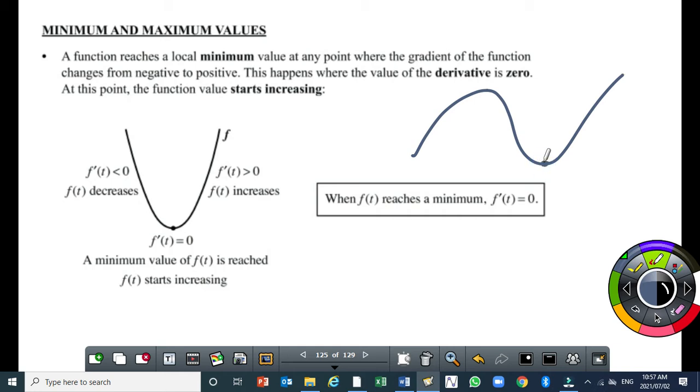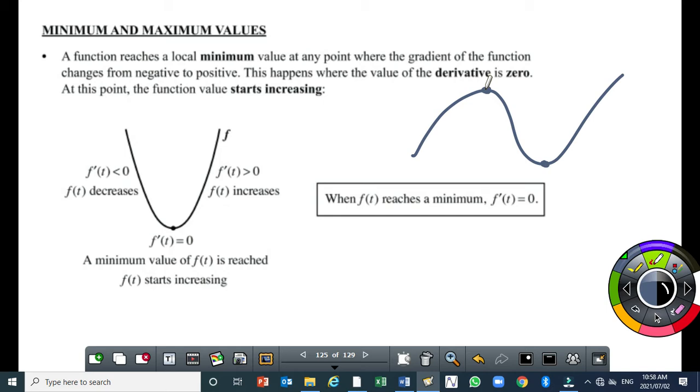So you have a value of y here, a value of y there, right? Where we have the turning points, that's where we have a maximum value and a what? Minimum value. Okay? Where we have turning point, that's where we have the maximum and minimum.